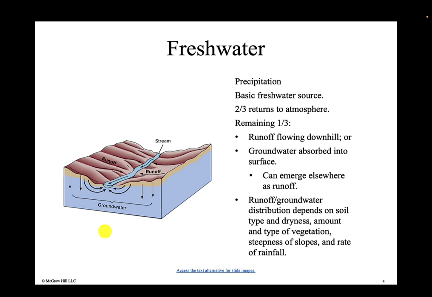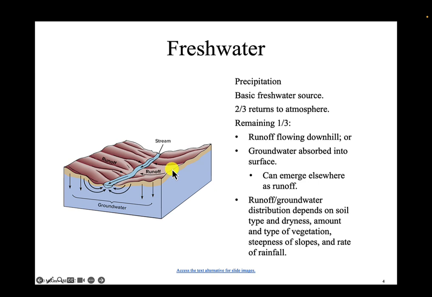Let me put this in a more general way, because 2/3 of that water goes back to the atmosphere. All right. The 1/3 that remains of that fresh water, that does not return to the atmosphere through the water cycle, exists in the form of runoffs that will flow downhill, or groundwater that will be absorbed into the surface.